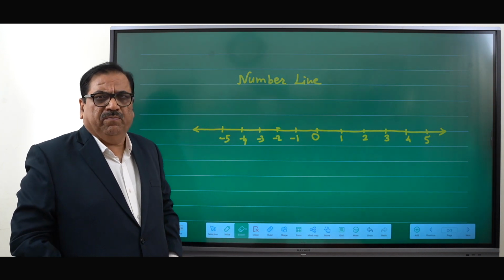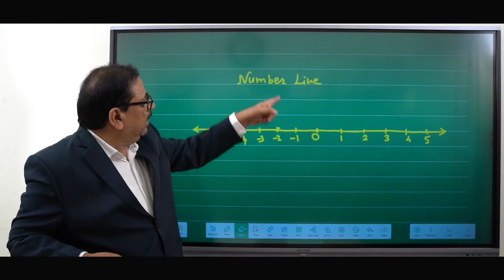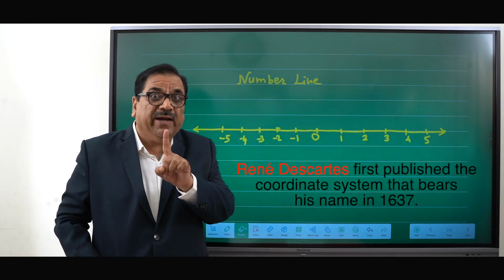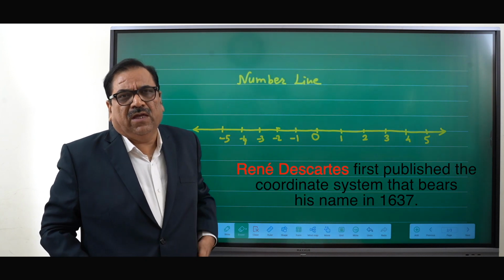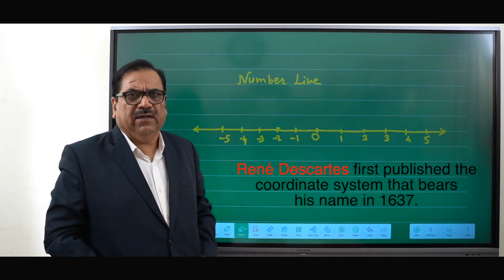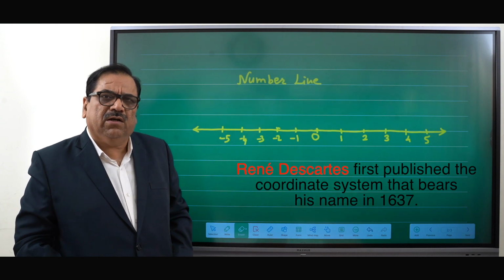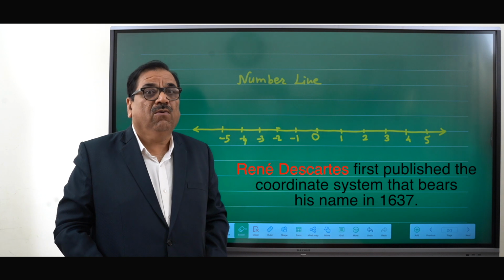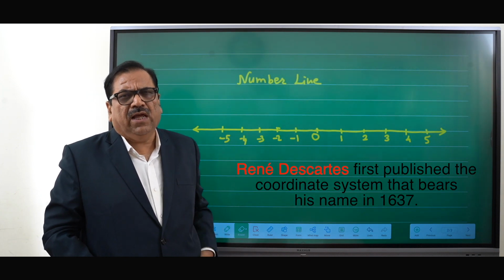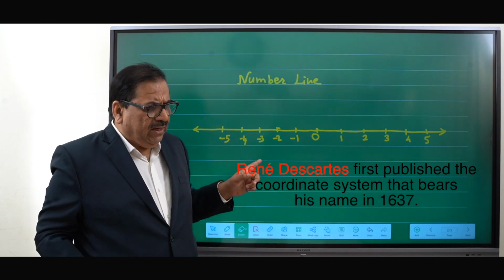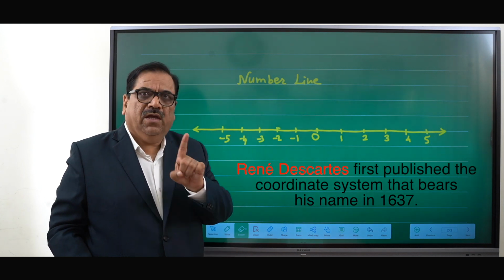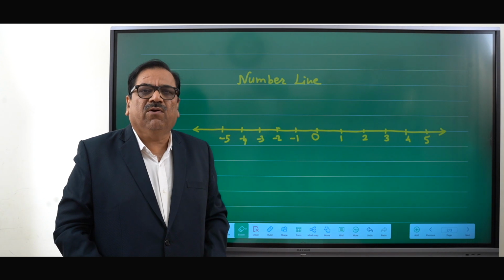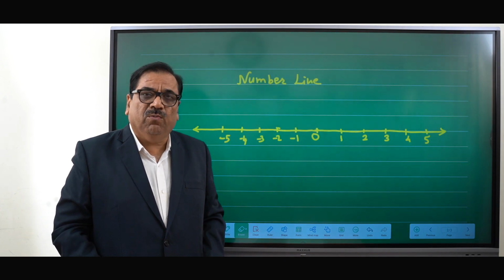In the same way, if we draw one vertical line, then the horizontal number line is called x-axis and the vertical number line is called y-axis. If a point is on the x-axis, then its y coordinate is always 0.